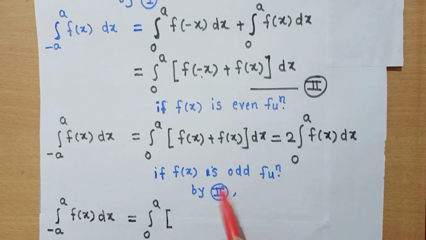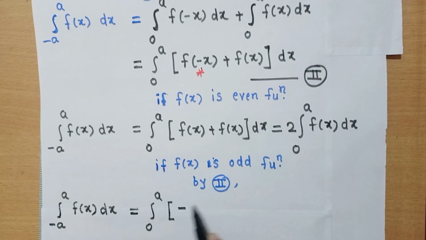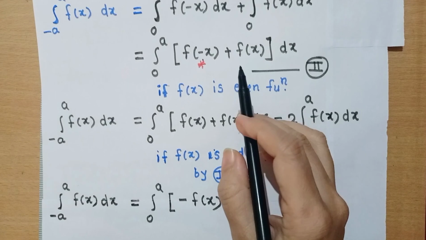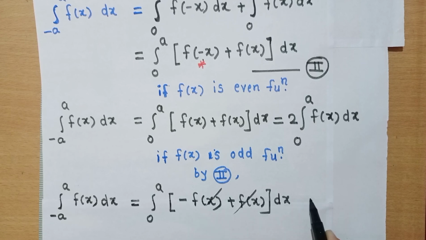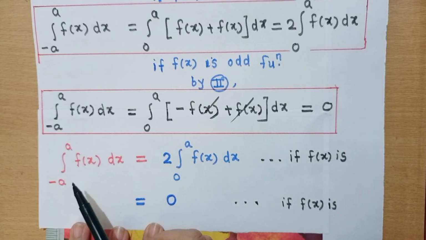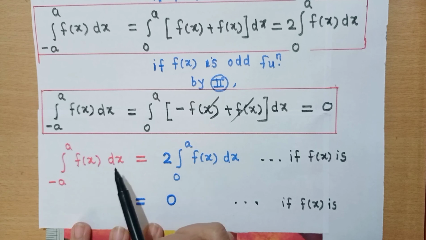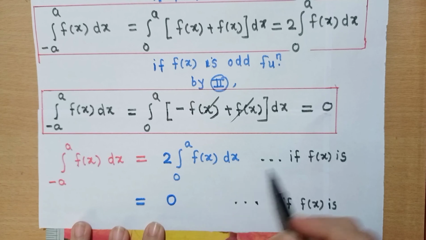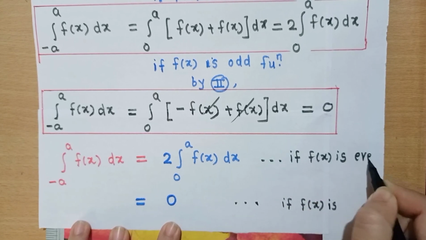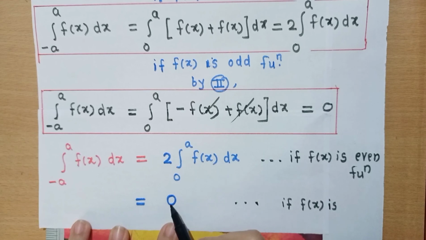And if f(x) is an odd function, by 2, here f of minus x we will write as minus f of x and this f(x) as it is, and so plus f(x) and minus f(x) cancel and the final answer is 0. And hence we have proved that integration minus a to a f(x) dx equals 2 integration 0 to a f(x) dx if f(x) is an even function, and this is equal to 0 if f(x) is an odd function.